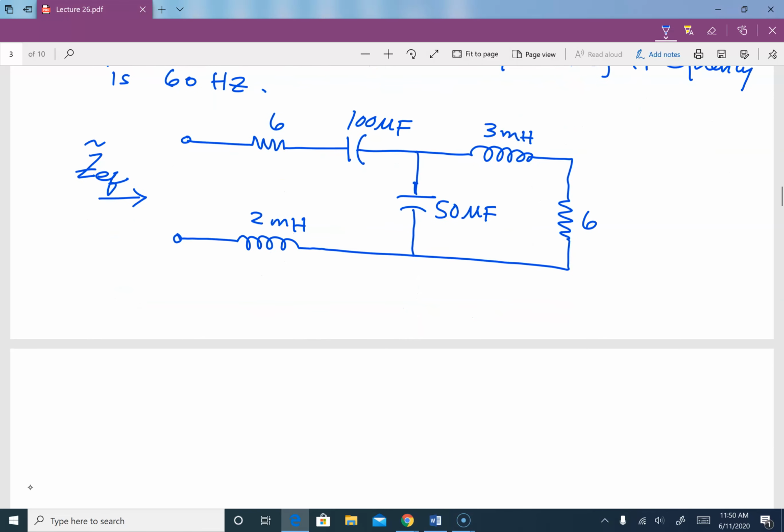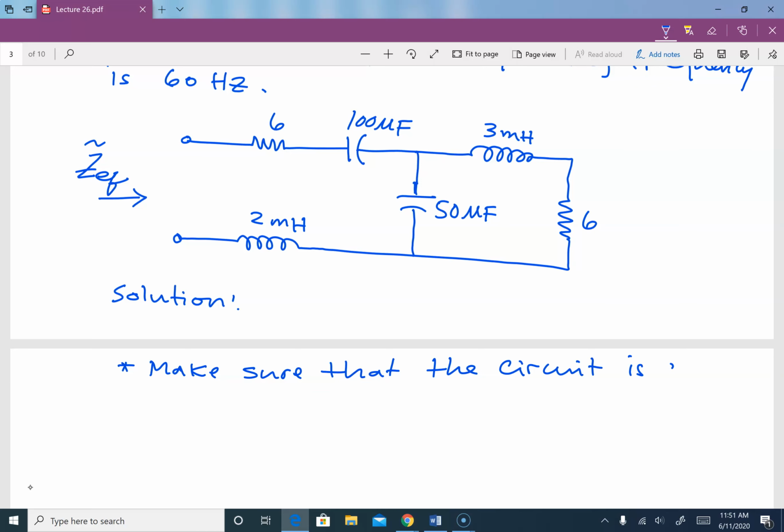So when we need to do our solution, first you have to make sure that the circuit is given in phasor domain.